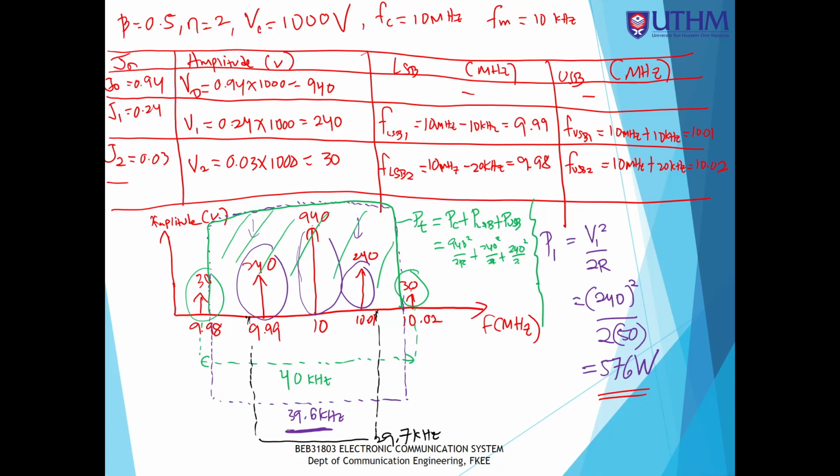This is the case if you have a filter. The filter selects a certain amount of bandwidth, and that portion will be allowed to go through the next process, and the total power would be reduced after we select only a portion of the bandwidth.